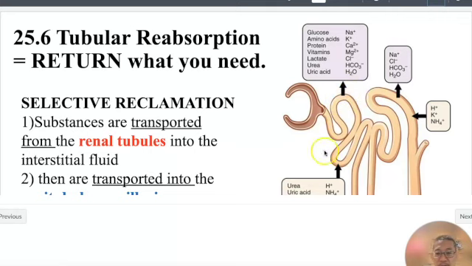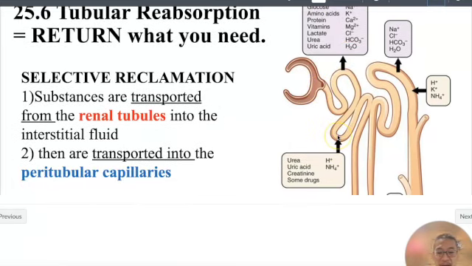And remember, there are peritubular vessels here, which are blood vessels, and they will reabsorb all these things. At the same time, the peritubular capillaries will excrete some of the waste, like urea and nitrogen waste, and then it's going to go in here.